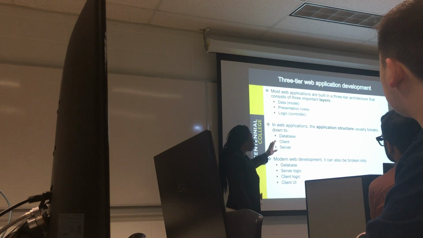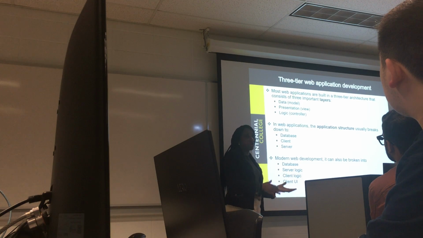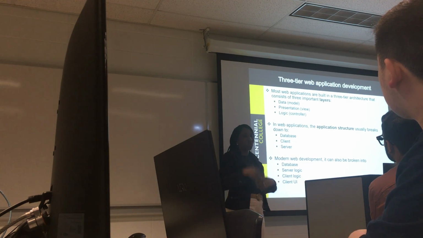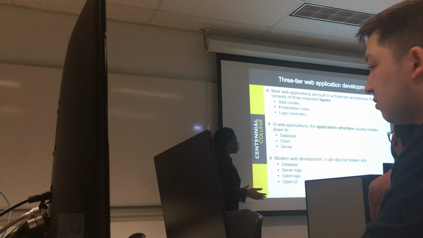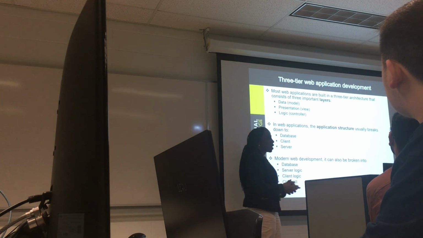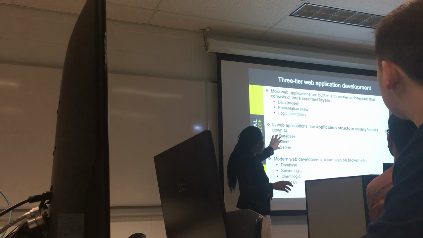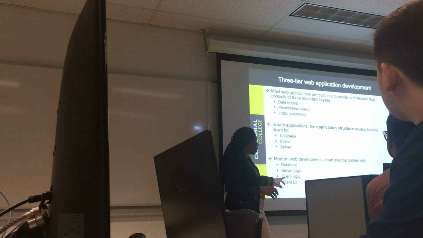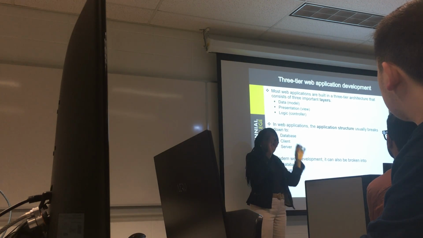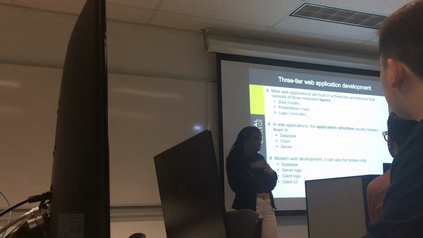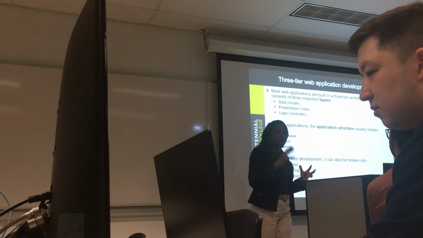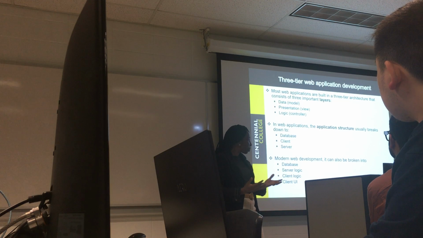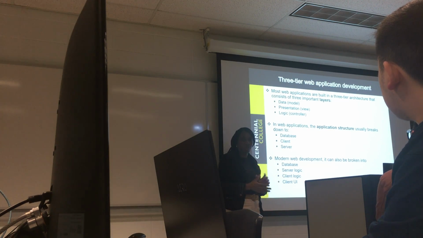But in modern web development, remember we said we have moved from just developing websites to developing web applications now. So modern web development, we can still break this into database, the server logic, the client logic, and the client UI, the user interface.